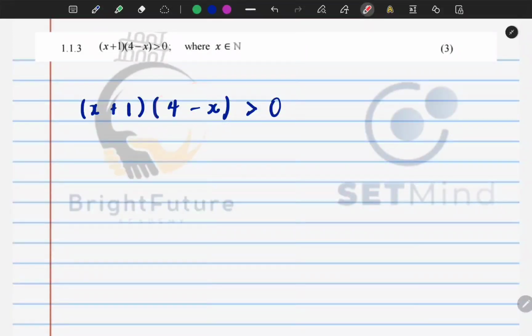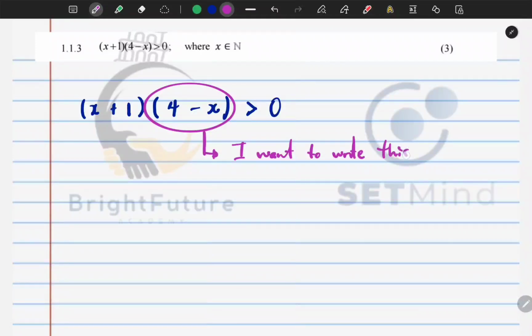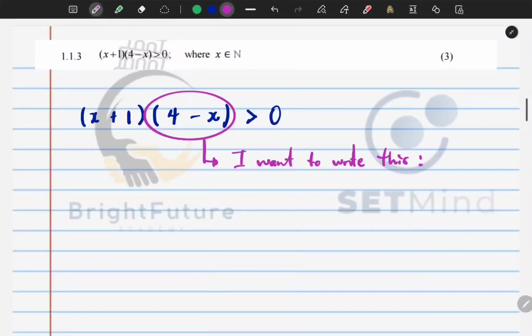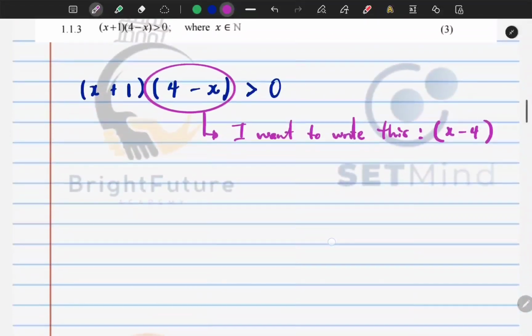I want to write this to be x minus 4, right? Because I find that very easy to work with.